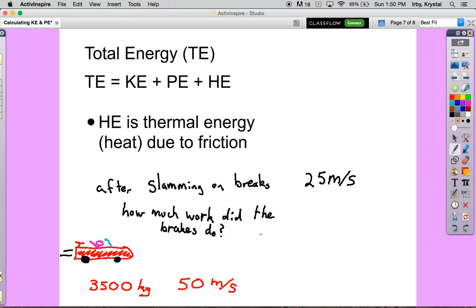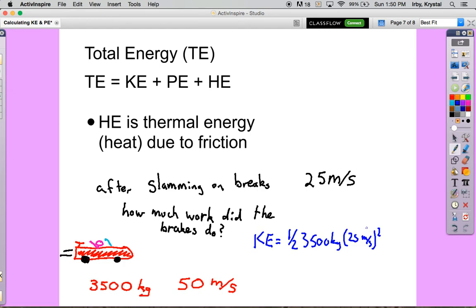So I would use kinetic energy to find how much kinetic energy I have at that speed. So kinetic energy equals 1/2 the mass of the car, 3,500 kilograms, times 25 meters per second, and I square the 25.